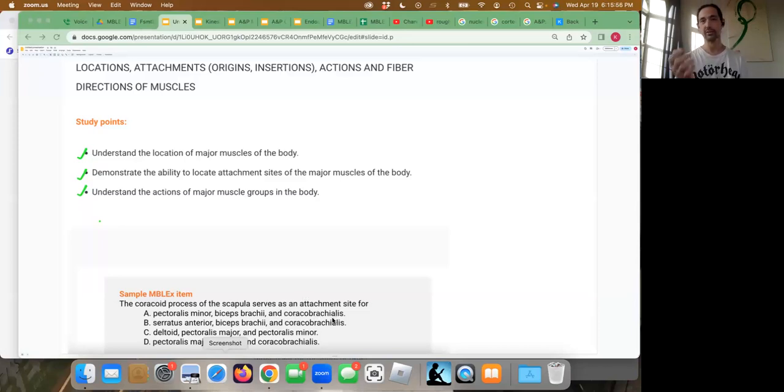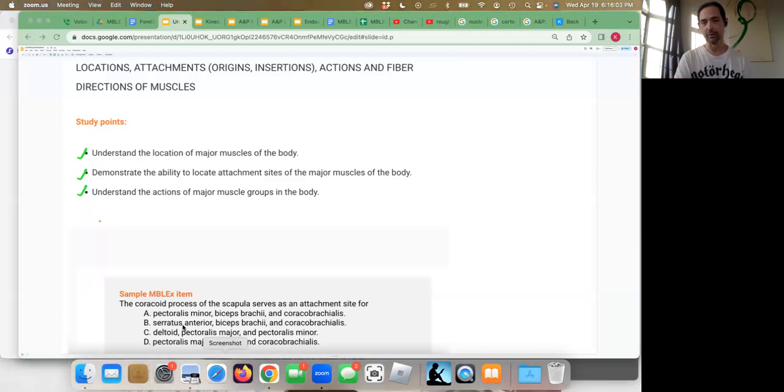I don't know why it's called that. It's the humerus, the brachia. And if you know that the biceps also attaches there, then you're golden. Or if you know that the serratus anterior does not attach anywhere near the coracoid, or that the deltoid is over here away from the coracoid, then you can navigate it pretty easily, even if you don't know the answer straight up.